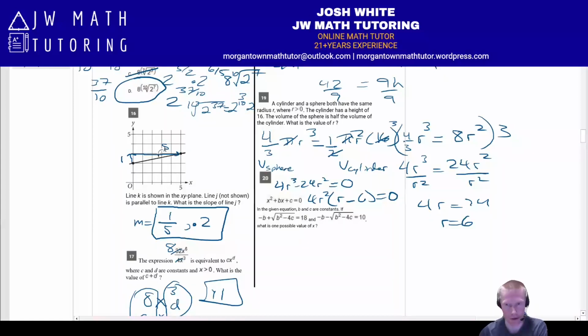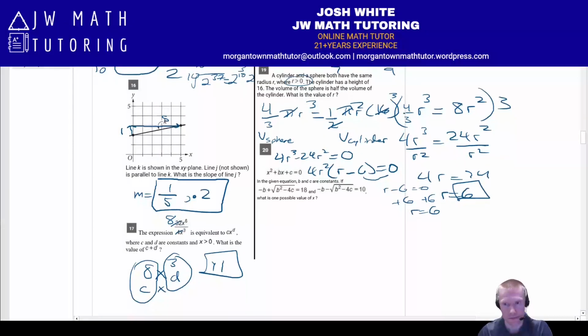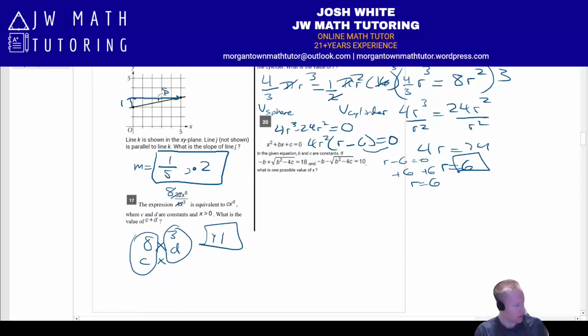And we already know it can't be 0 because the problem tells us it's greater than 0. So then you would take the r minus 6 factor and set that equal to 0, and you get just r equals 6, same answer we got before. So there are two different ways you could solve it, but the correct answer is going to be positive 6.